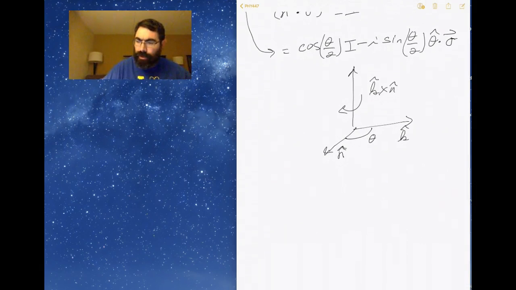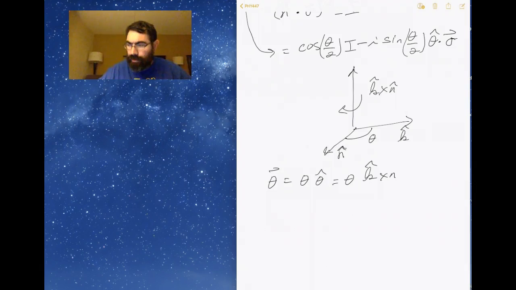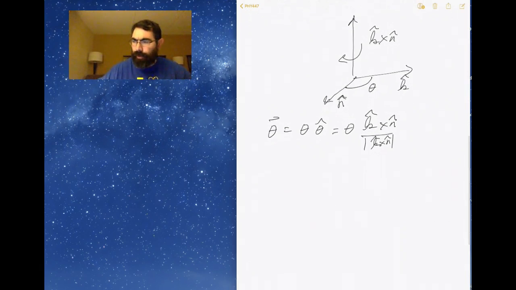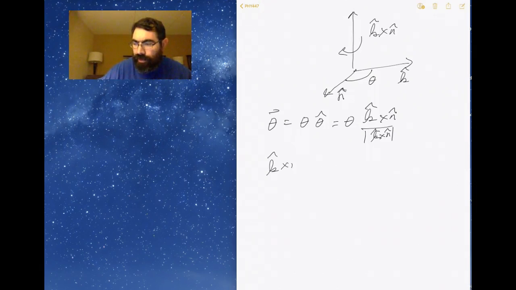So the theta vector is theta times the unit vector theta, which is the vector perpendicular to the plane of n and k. If I work this out, k crossed into n is the determinant with i, j, k.